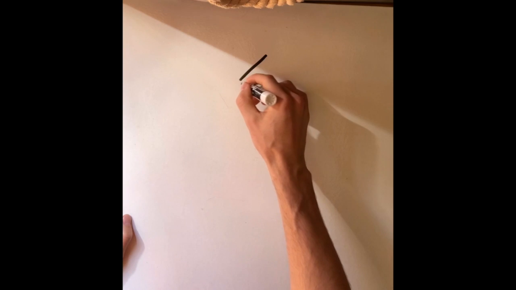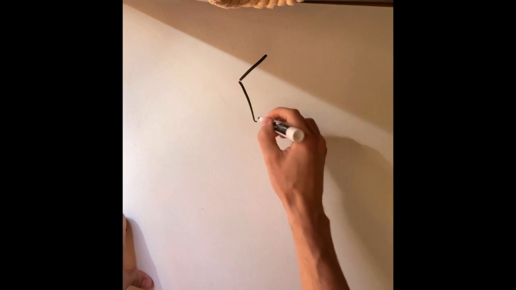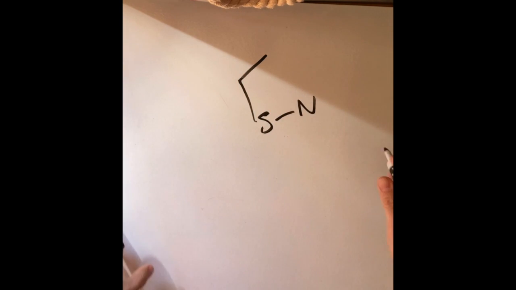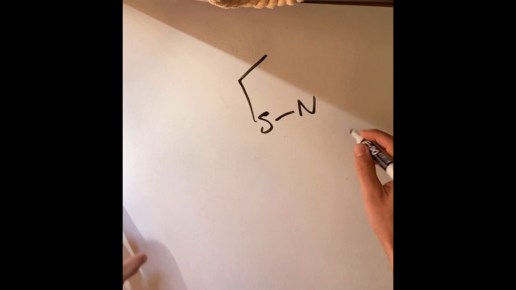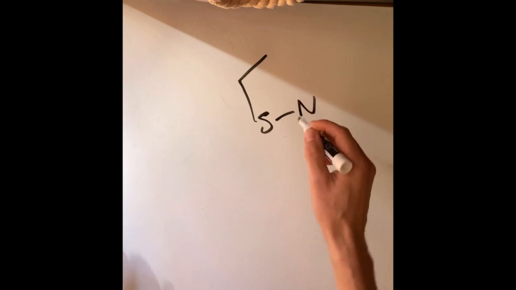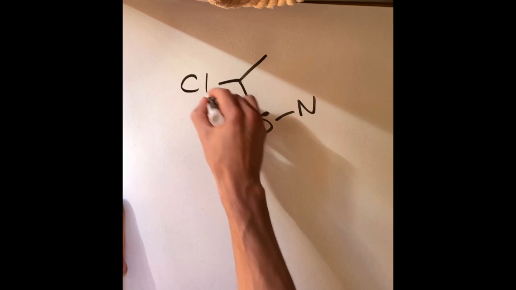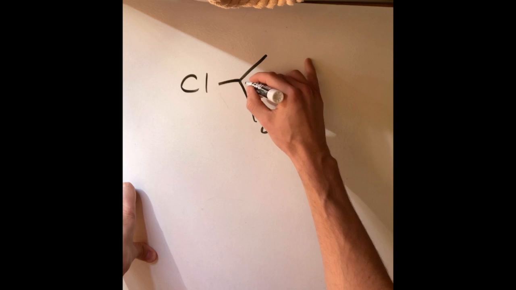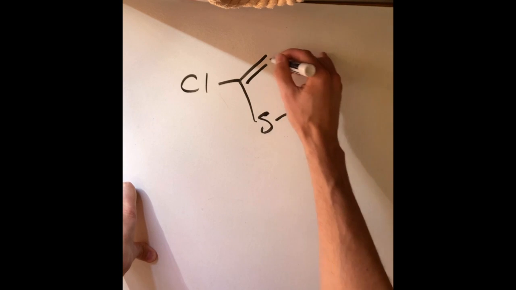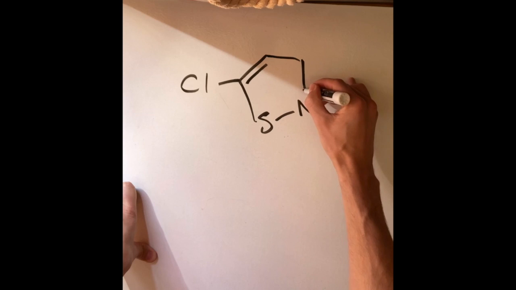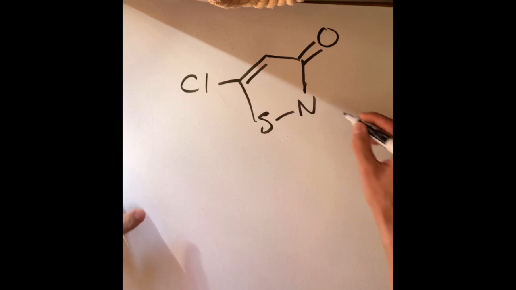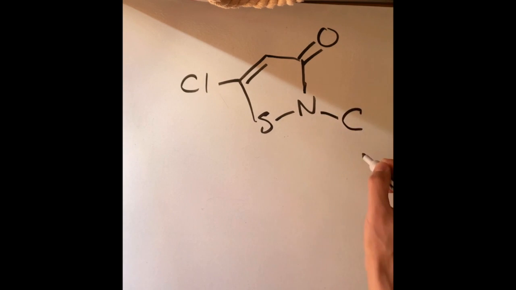There's this ring with an S in it and an N, and there's a chlorine, and there's this double bond right here, and then there you go, something like that, and there's a double bond right here, and then there's a carbon, and there's an H3.